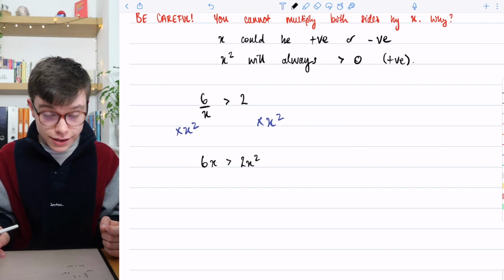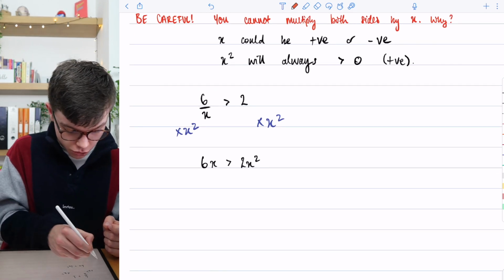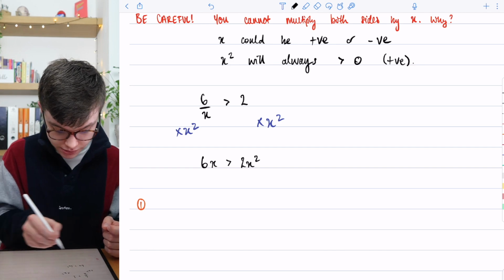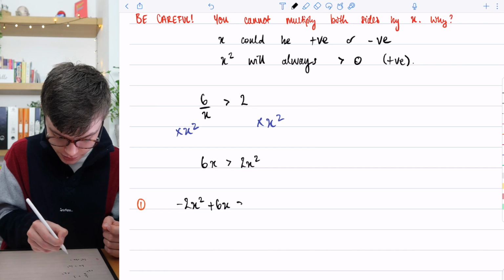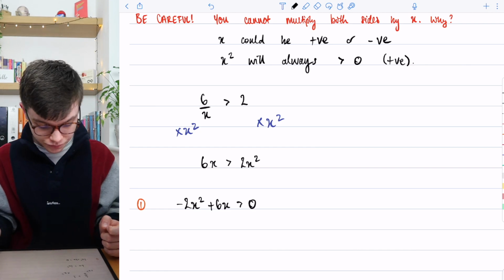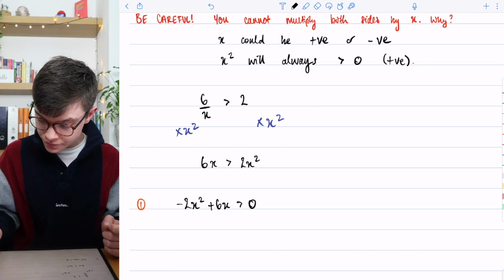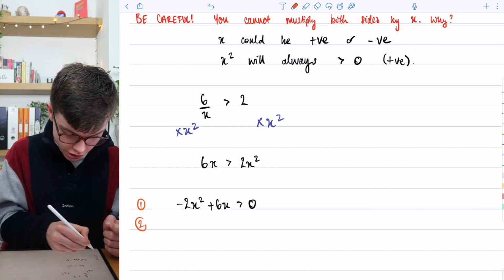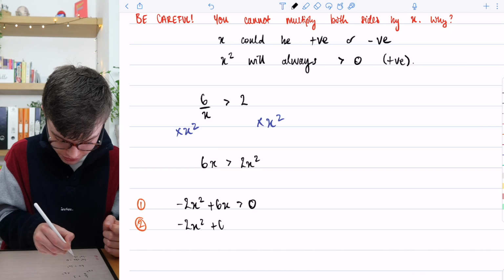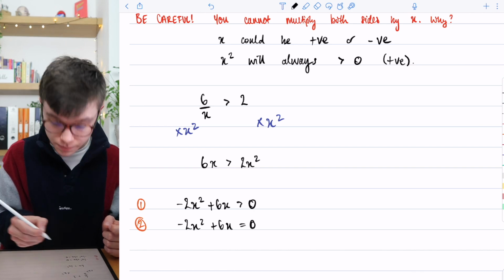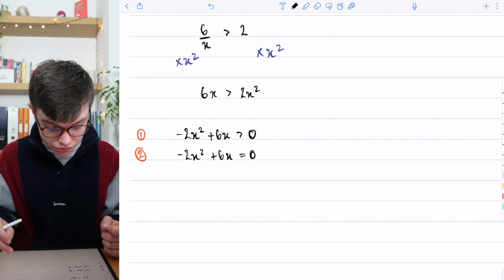Okay, so then we can just do part 1. We can get the right hand side equal to 0. So minus 2x squared plus 6x will be greater than 0. So the right hand side is now 0, and then I can solve that inequality. So minus 2x squared plus 6x is equal to 0, and let's find the roots.